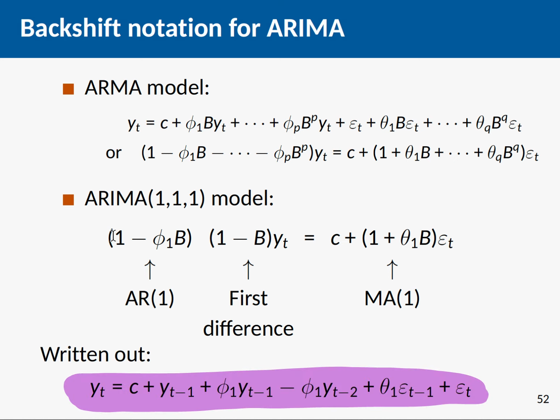If you like this format, you can write it this way, or if you like it written out completely so you can see the different components, then it is just y_t equals c plus y_{t-1} plus phi1 times y_{t-1} minus phi1 times y_{t-2} plus theta1 epsilon_{t-1} plus epsilon_t.